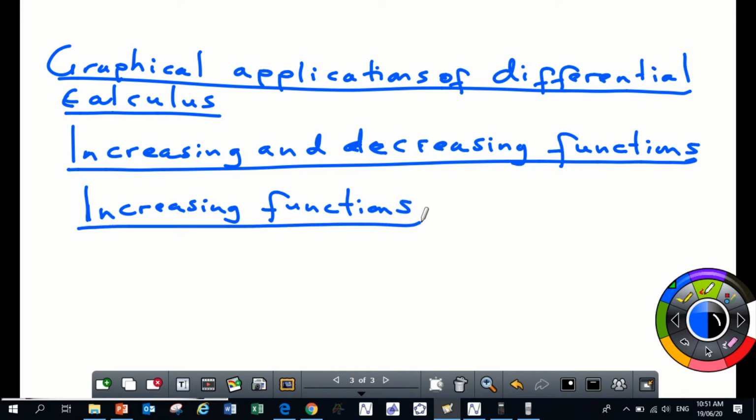Increasing functions. I want to write this point down.